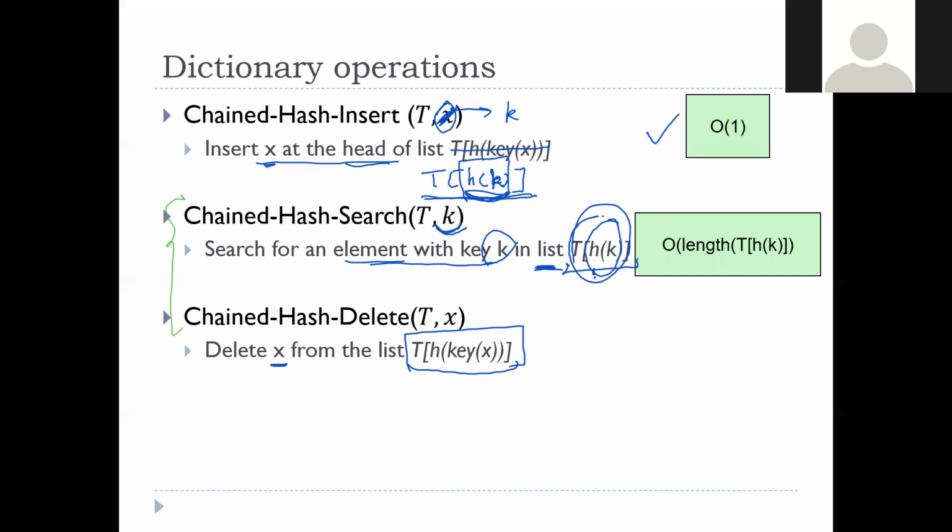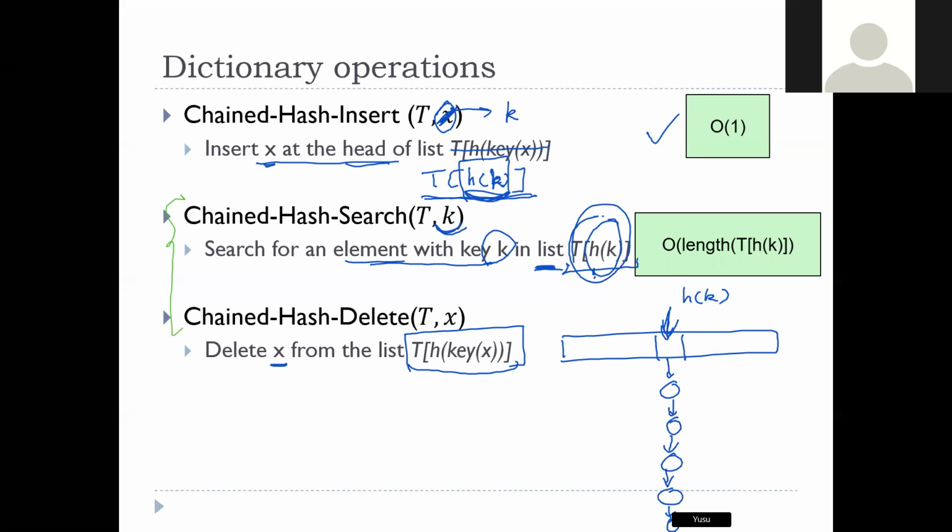Let's say this entry has many elements already hashed here. Then to find it, I have to go through them one by one if they're just stored using a list, and that takes time proportional to the length of this list. So that's the time we need.